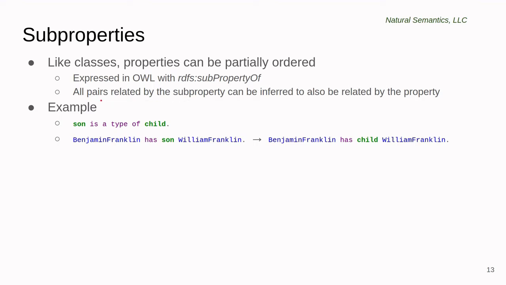As an example, suppose we know that son is a type of child, or in other words, son is a subproperty of child. Then if we know that Benjamin Franklin has son William Franklin, that implies that Benjamin Franklin has child William Franklin. We can infer from a relationship with the subproperty that there is also that relationship with the superproperty.